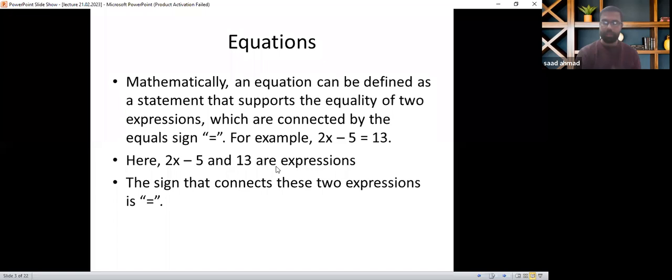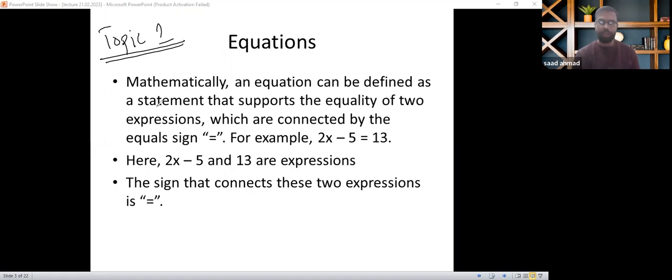Okay, so let's start with the definition of equation. This is our first topic for the day. Mathematically, an equation can be defined as a statement that supports the equality of two expressions which are connected by the equal sign. For example, 2x minus 5 equals 13.